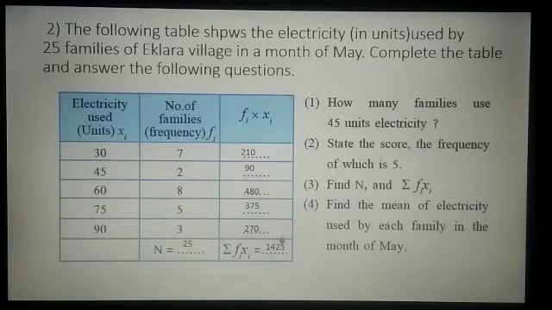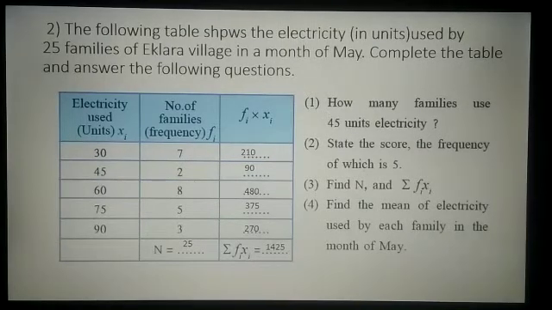And you have to take the total, that is the sum of all the products of Fi into Xi, which is 1425. One by one we will write the answers to these questions. How many families use 45 units of electricity? State the score, the frequency of which is 5. Find n and sum of Fi into Xi. Find the mean of electricity used by each family in the month of May.